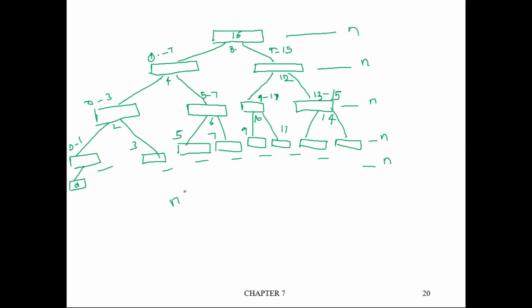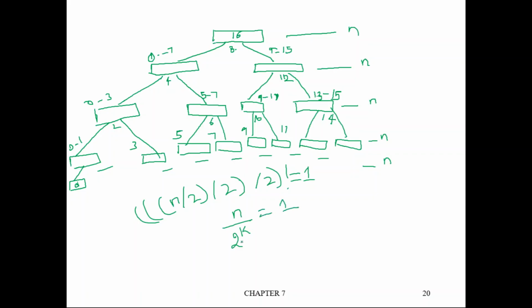So we keep dividing n by 2, again divided by 2, again divided by 2, until this becomes equal to 1. As long as it is not equal to 1, we keep repeating this process. So basically what we are doing is n by 2 to the power k equal to 1.